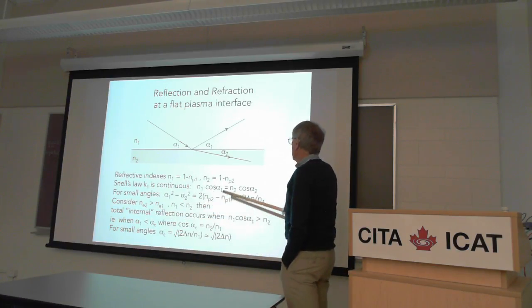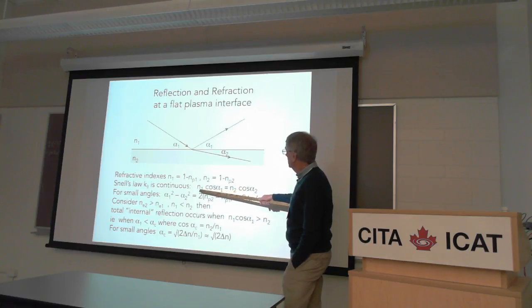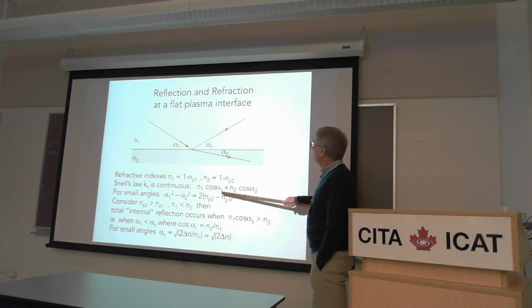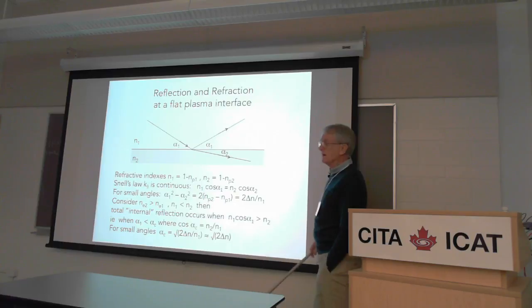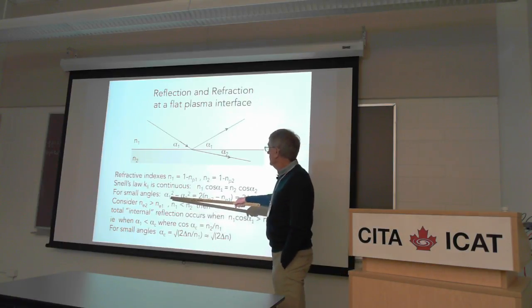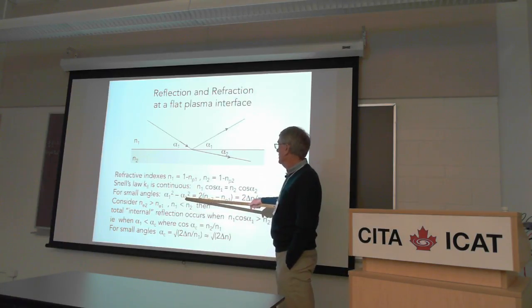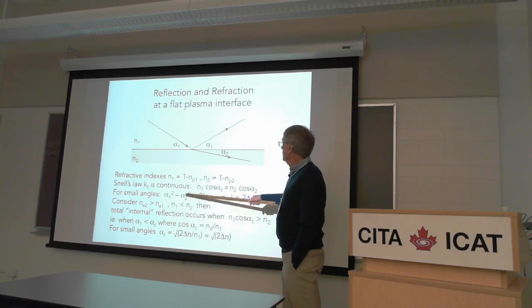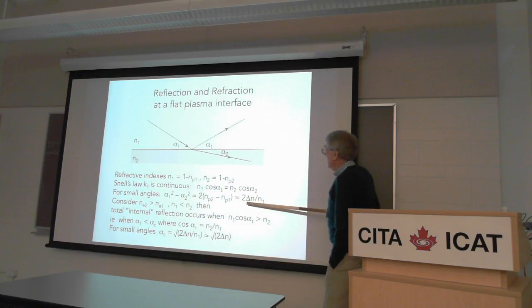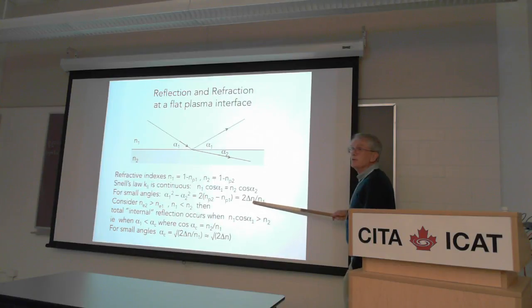So the conditions for that, I mean, Snell's law can be written n1 cos alpha 1 is n2 cos alpha 2, and that corresponds in small angles to this relationship between the two angles and the change in refractive index. This is not N_e, this is refractive index. This one is close to 1, and 1 minus a tiny bit.